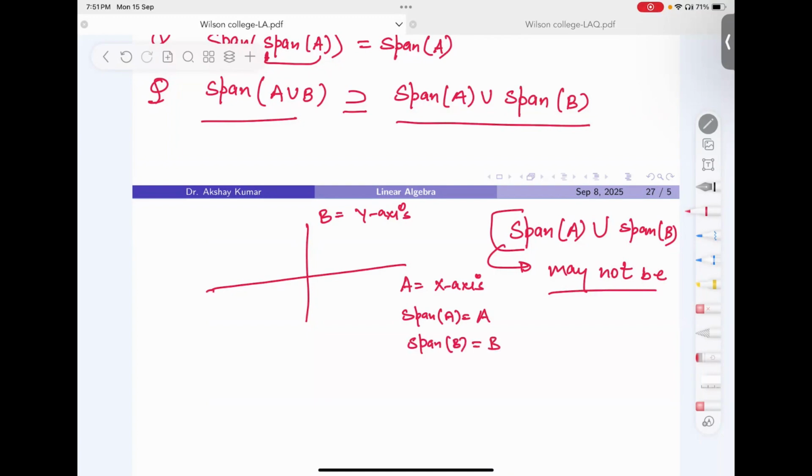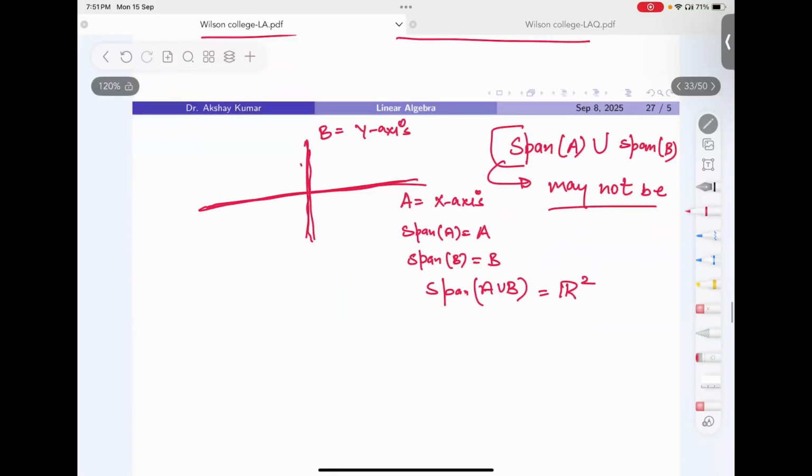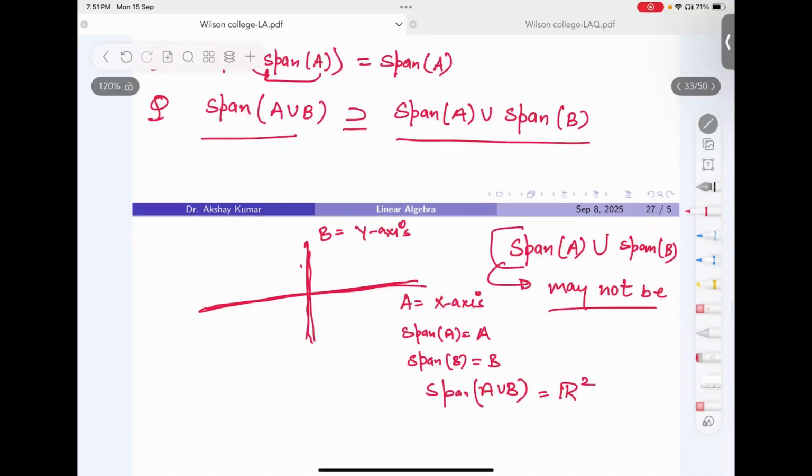So A union B will be these two lines. Now if you take the span of A union B, it will be the whole R2. So it is a proper containment; it may not be equal.